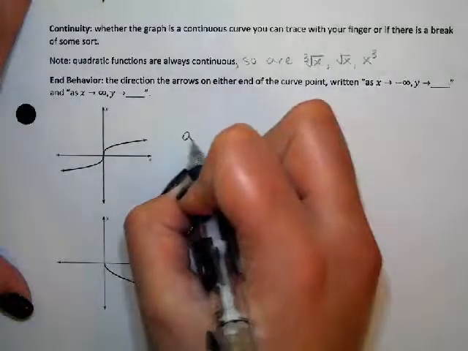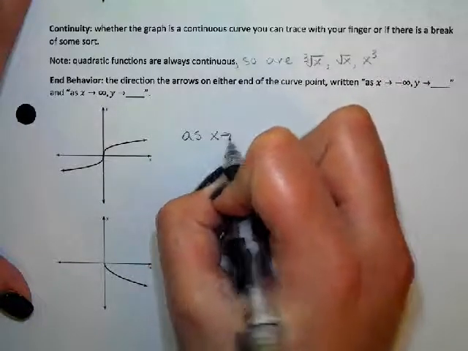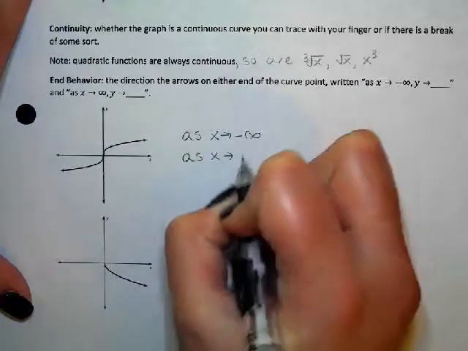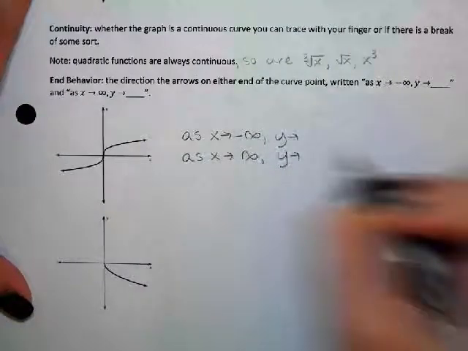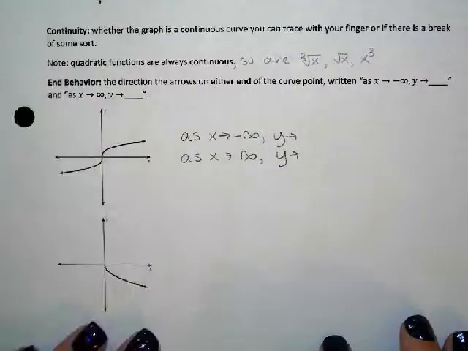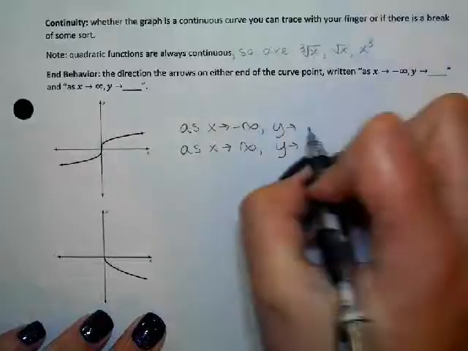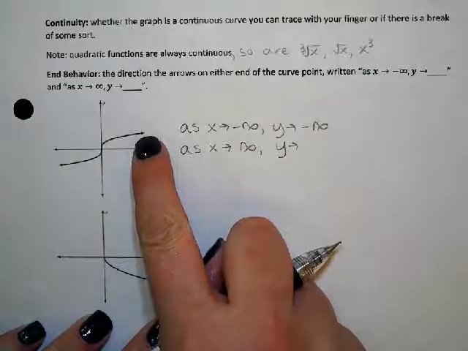So as x goes to -infinity, as x goes to +infinity, we want to say if the arrow is going up or down. So for my left arrow, I can see that the arrow is going down. As I look at the right arrow, I can see that the arrow is going up. It's not going up very fast, but it is going up.